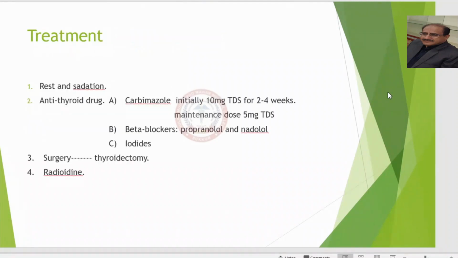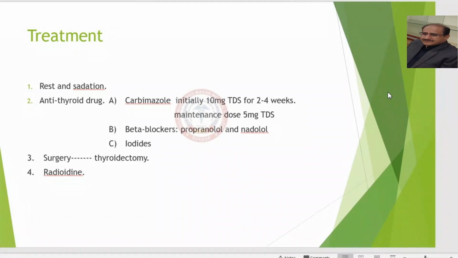Now, what are the treatment options? Treatment options in cases of thyrotoxicosis: first, the patient is very excited, agitated, stimulated because of the sympathetic stimulation. So we advise rest and sedation.